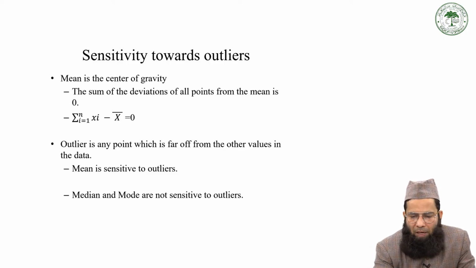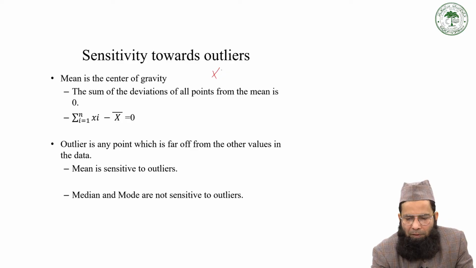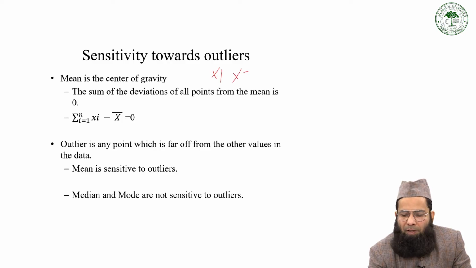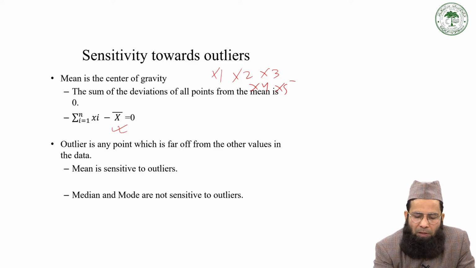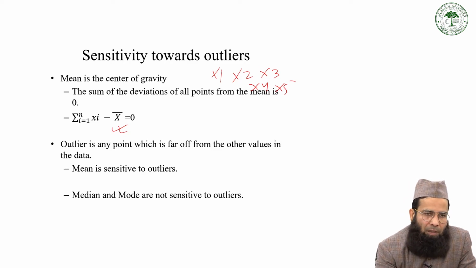Suppose you have 5 different elements in your list: x1, x2, x3, x4, x5. How would this be 0? You need to find the summation of differences of each element with the mean.